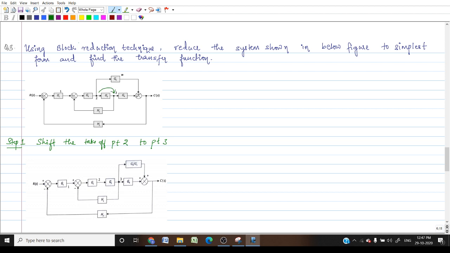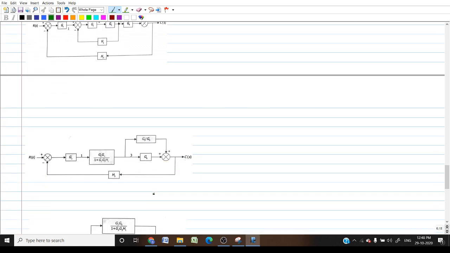So when you do that, in this path, we will introduce one more gain, which will have value 1 by this one, that is 1 by G3. So when you take this, this becomes G2 by G3. So this forward path will be divided by the transfer function of 2 to 3 path. So this is the resultant block diagram.